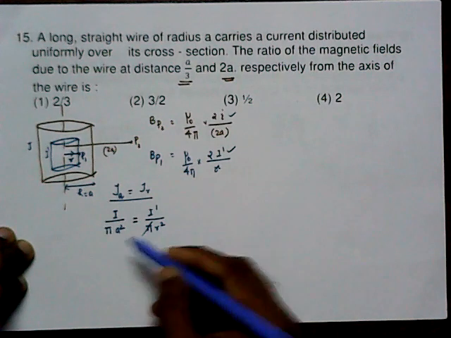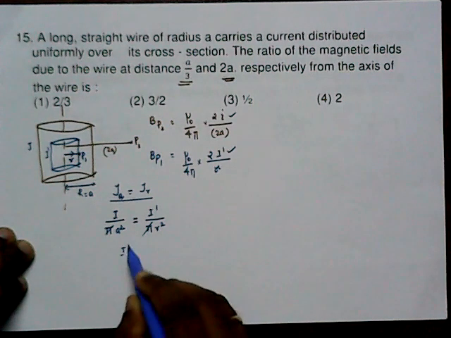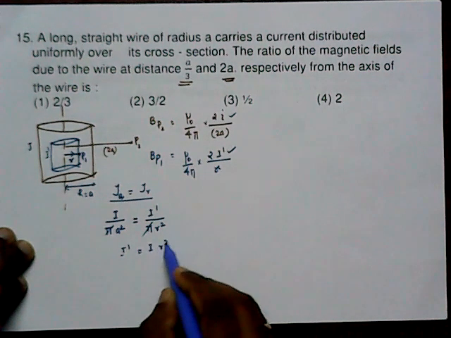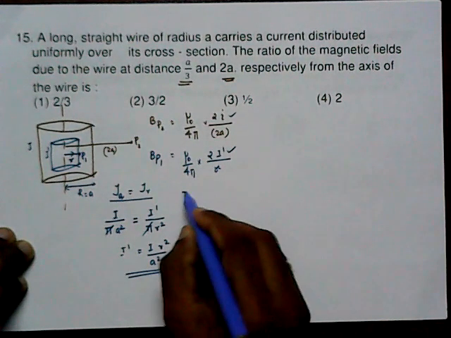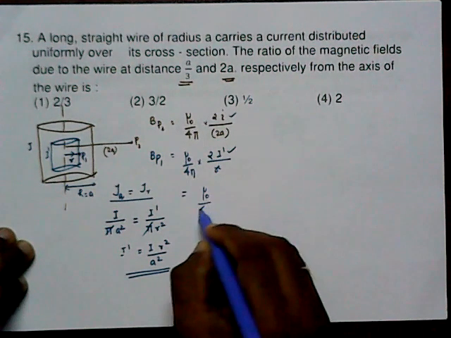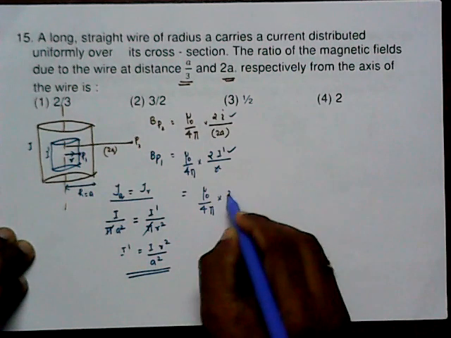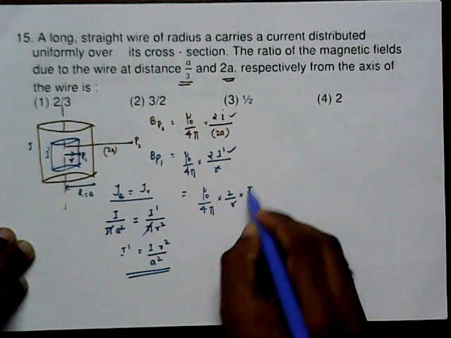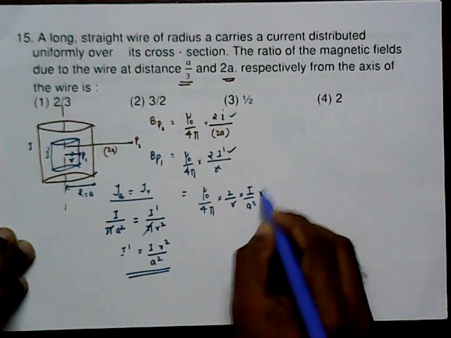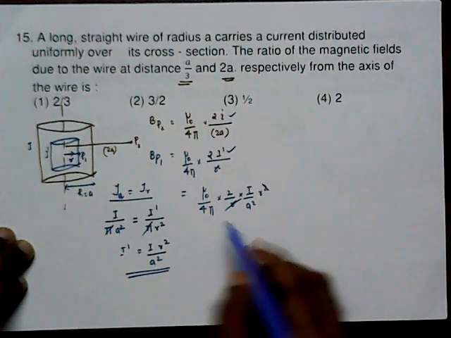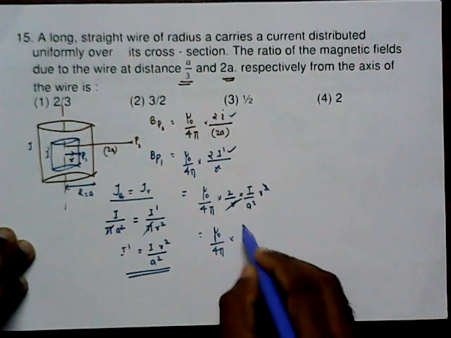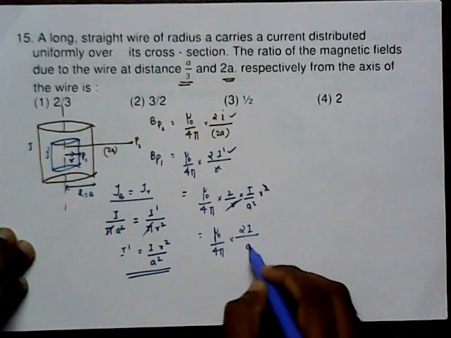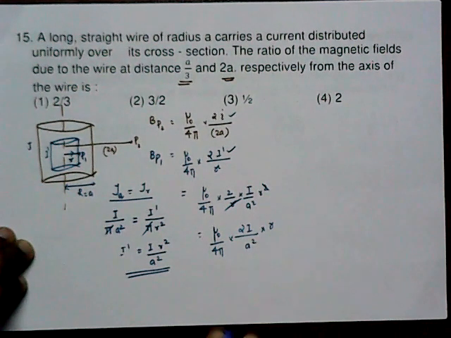So pi cancels, and you get the value for I dash is equal to I R square by A square. So you can substitute: mu 0 by 4 pi into 2 by R into I by A square into R square. One R cancels. So you get the value as mu 0 by 4 pi into 2I by A square into R.